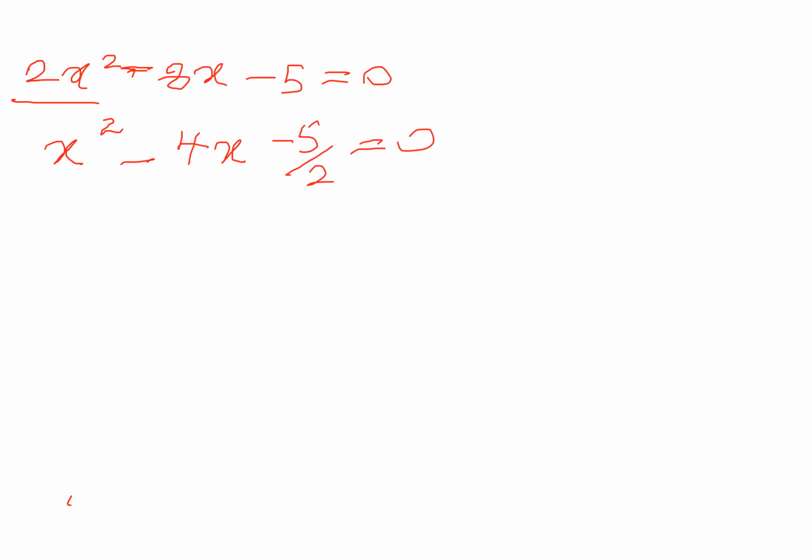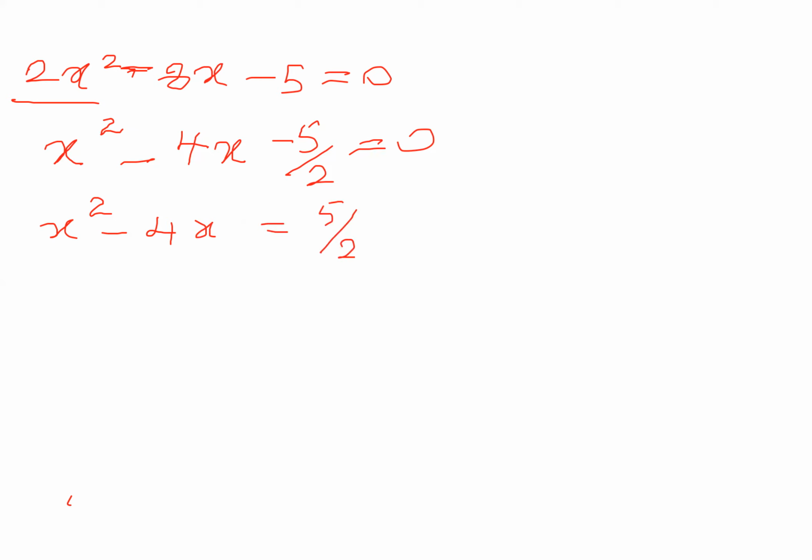That's the first step. Second step, we need to move the constant term from the left side to the right side. That means on the left side we keep only the terms with x. Then 5 over 2 becomes plus.